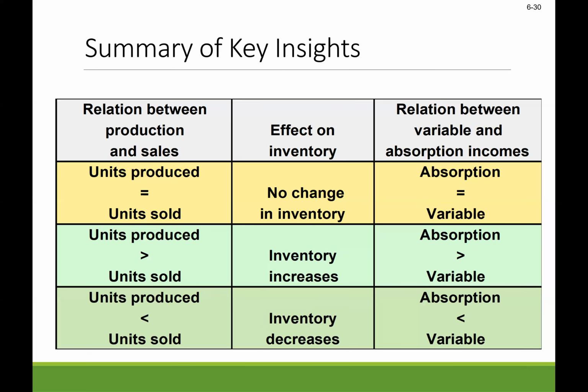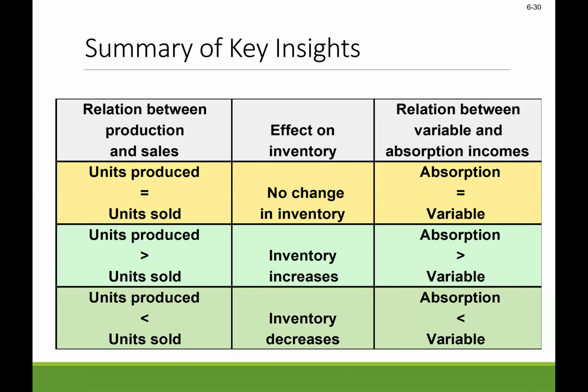If the units produced are less than the units sold, then when inventory decreases, our absorption costing net income is going to be lower than the variable costing, because we are finally selling products that the previous year were sitting in finished goods.